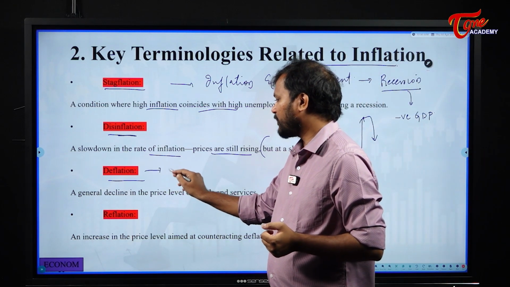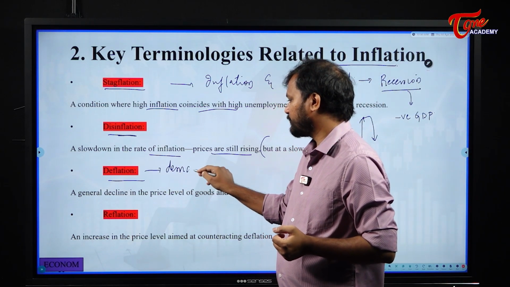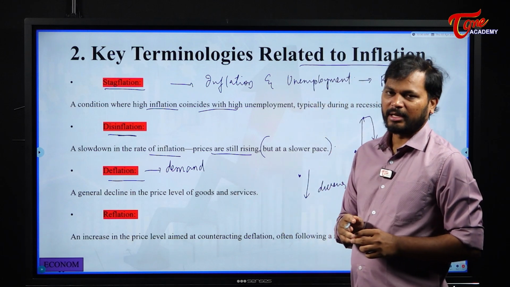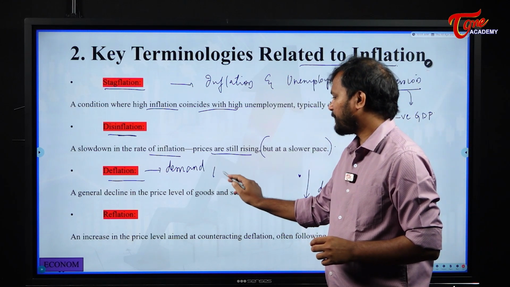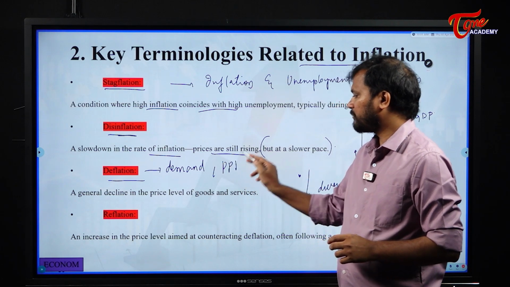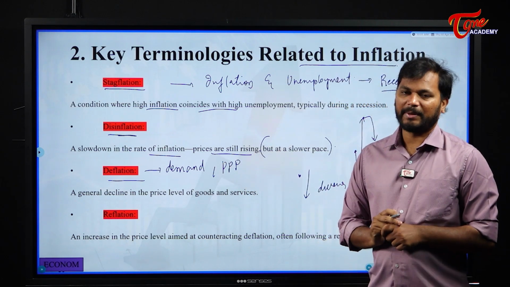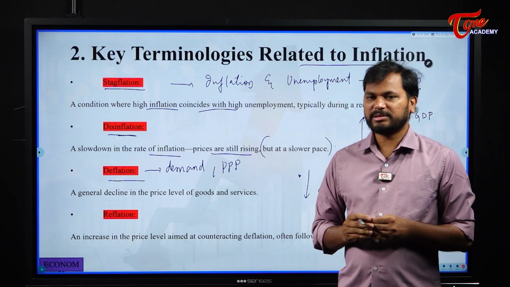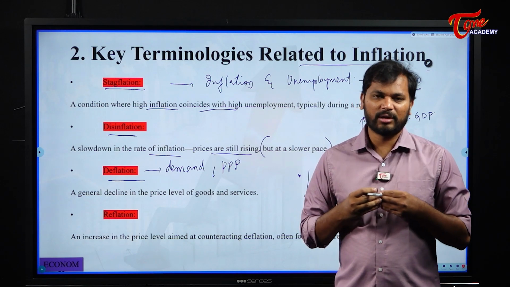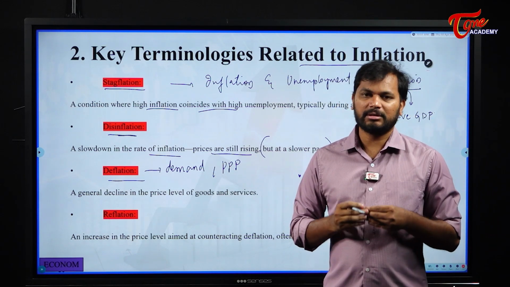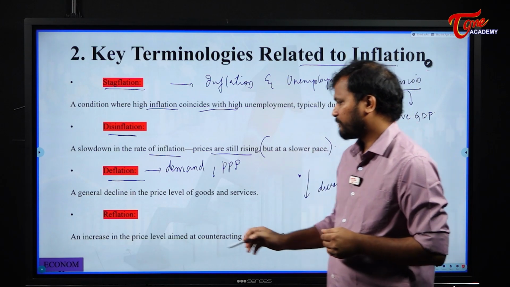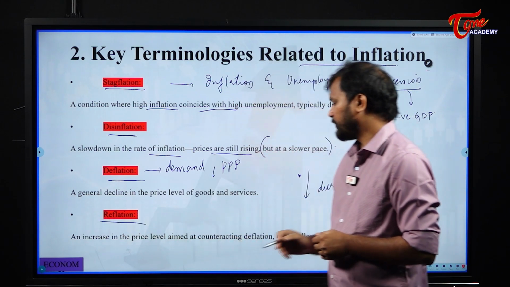Deflation can happen because of less demand or less purchasing power parity. As a consequence of less demand or less purchasing power parity, deflation can happen.